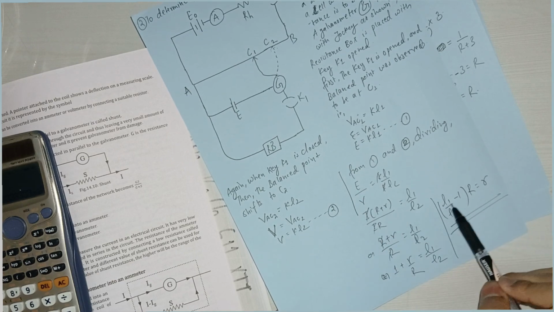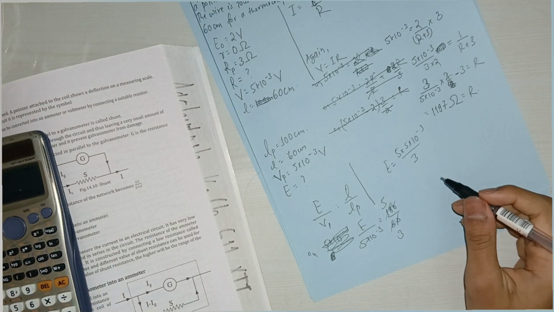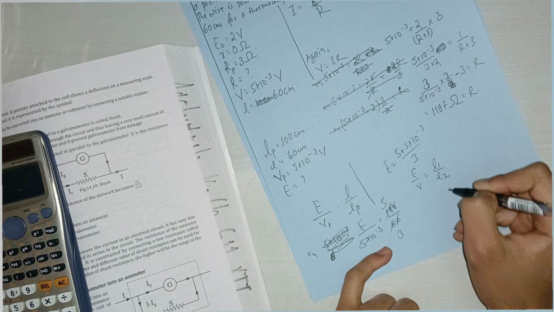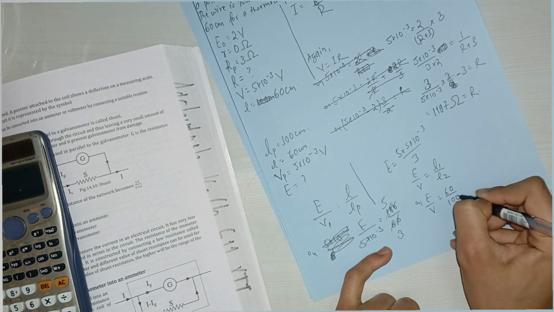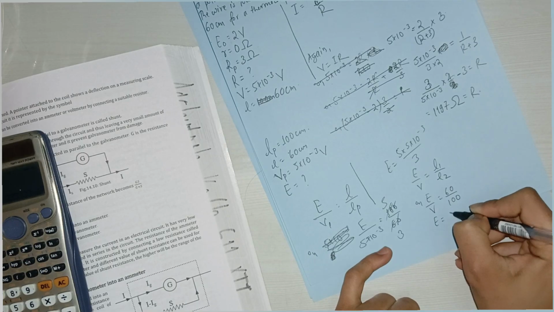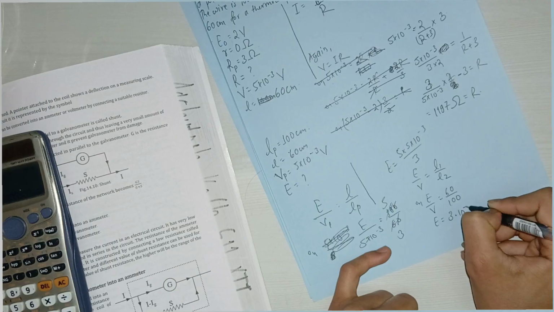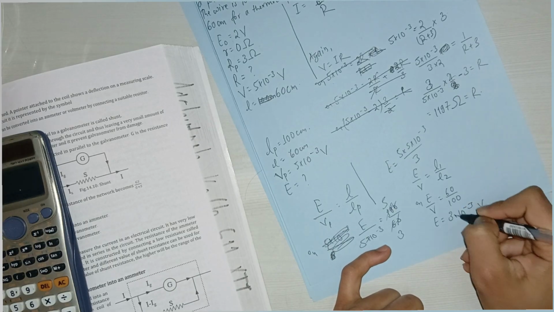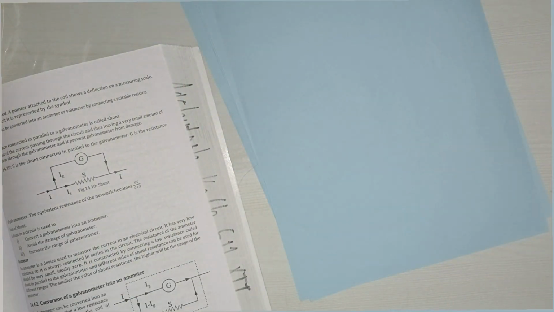E by V is L1 by L2 minus R. So that should be opposite, I guess. This is the answer, okay. Headache giving stuff, bro.